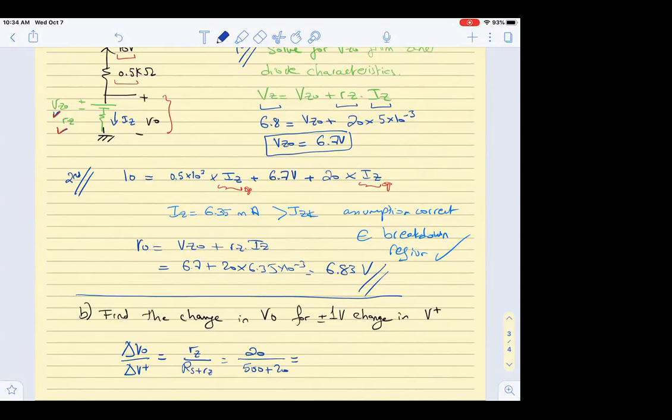Sorry, 0.0385. Let me just put the final answer here so I don't mislead you with the numbers. And if we want to find del VO, it will be equal to plus or minus 1 volt times 20 over 520, which comes out to plus or minus 38.5 millivolts.